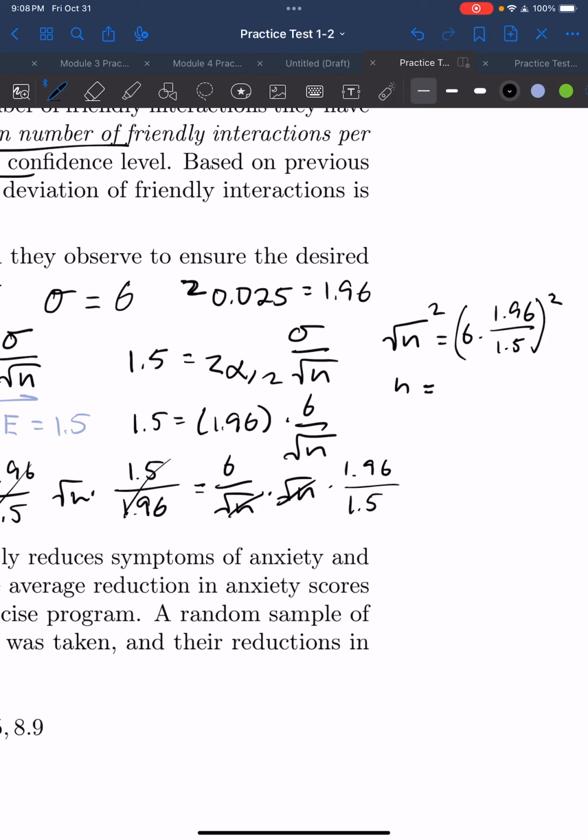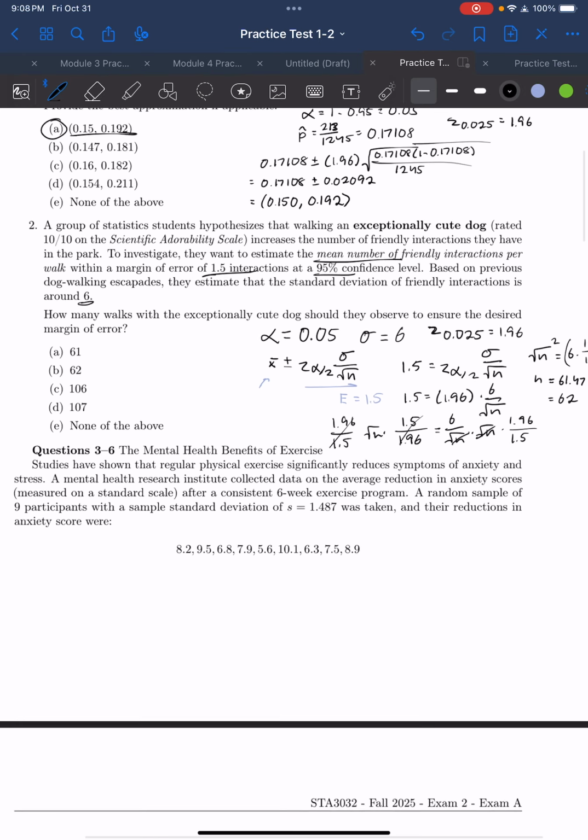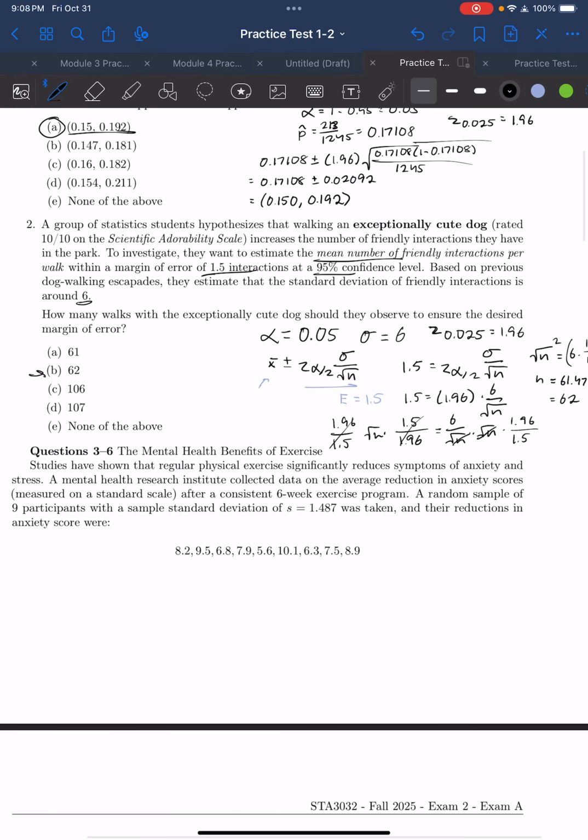And that should be equal to around 61.47, and then we can just round that up, so that's around 62. And that should be our n, and so that's this value over here.